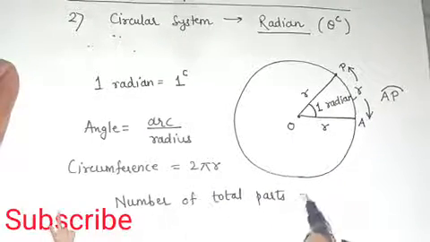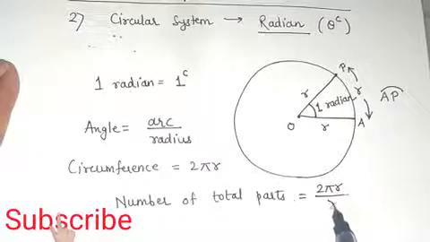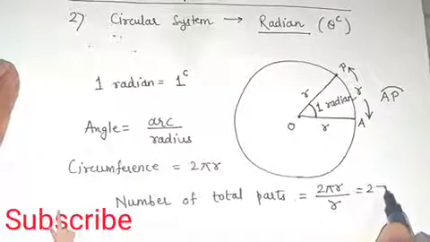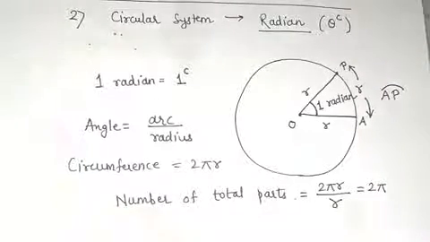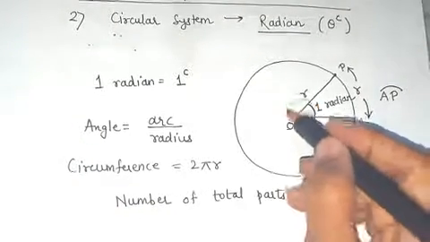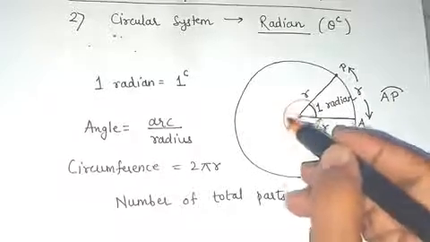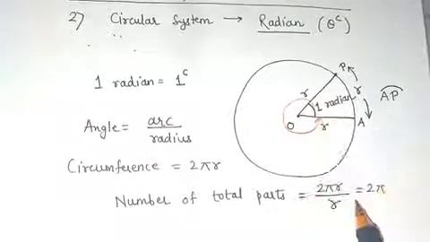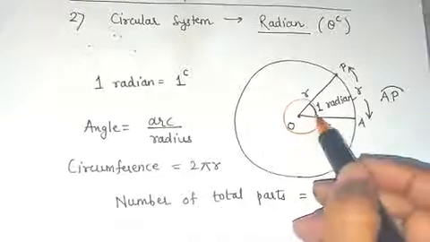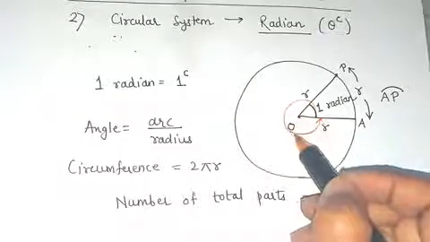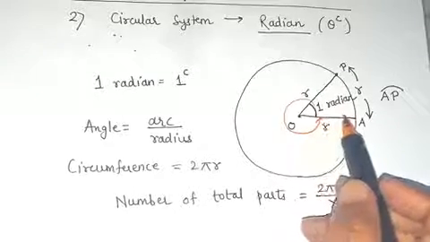Then the total number of parts will be 2 pi r divided by r, which is 2 pi. So this total angle, which is making one complete revolution in anti-clockwise direction, will be equal to 2 pi. The total angle completed in one revolution will be equal to 2 pi.